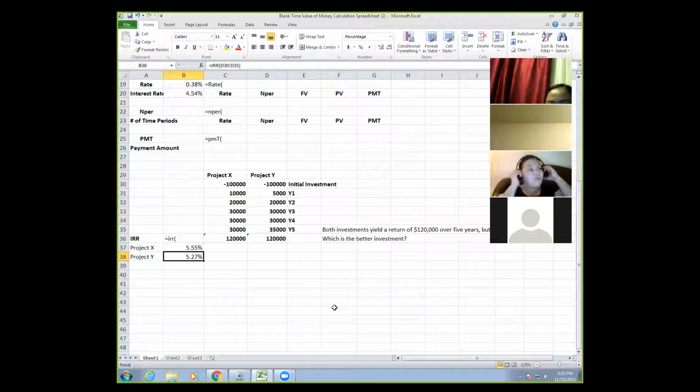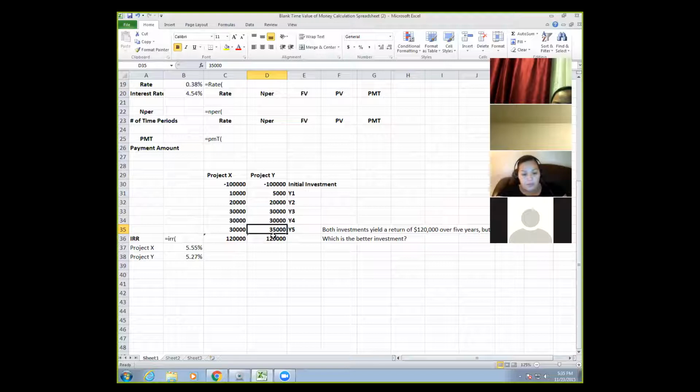Every year you expect your average rate of return would be 5.55%. And every year that you have the money longer, you have the opportunity to make more money off of it. So if you have more money in year 1 for Project X than Project Y, and everything else is the same, even though Project Y gets more money in year 5, Project X is going to have a higher rate of return because you get a bigger return sooner on your investment.